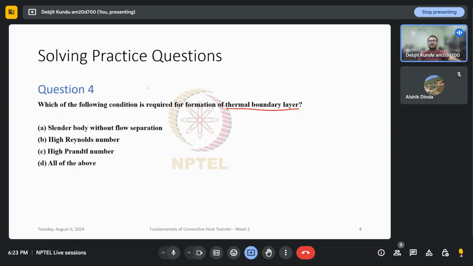So is it option A, slender body without flow separation, option B, high Reynolds number, option C, high Prandtl number, or is it option D, all of the above?